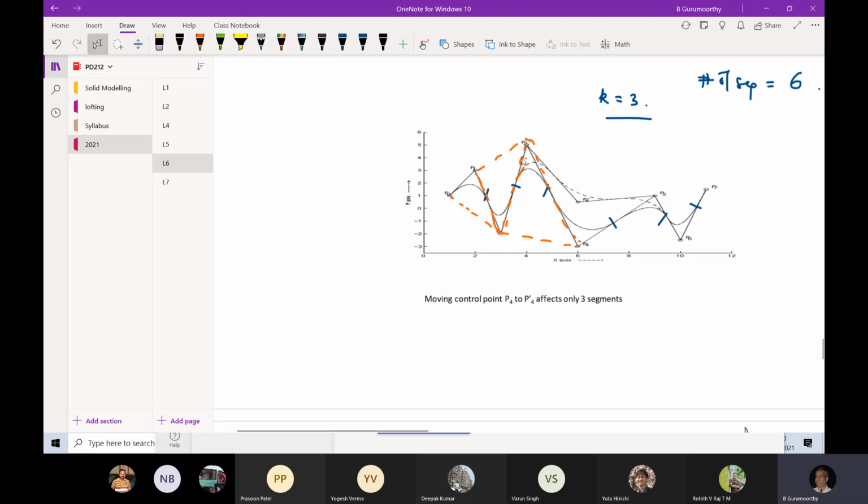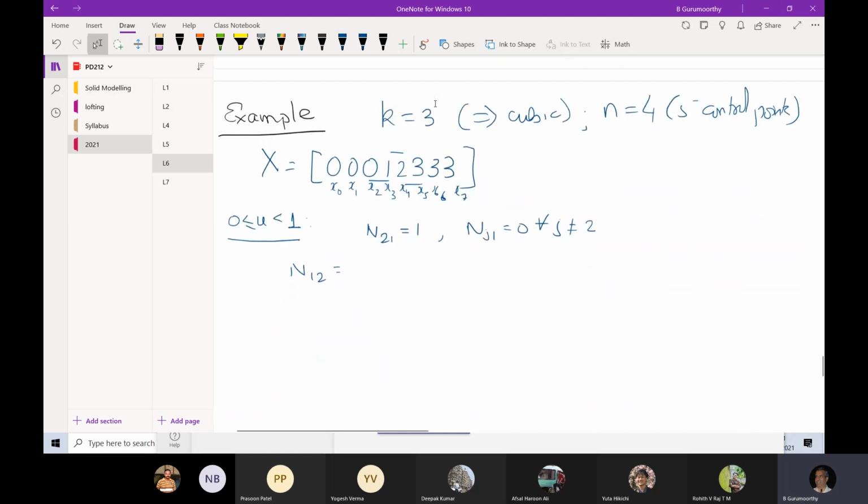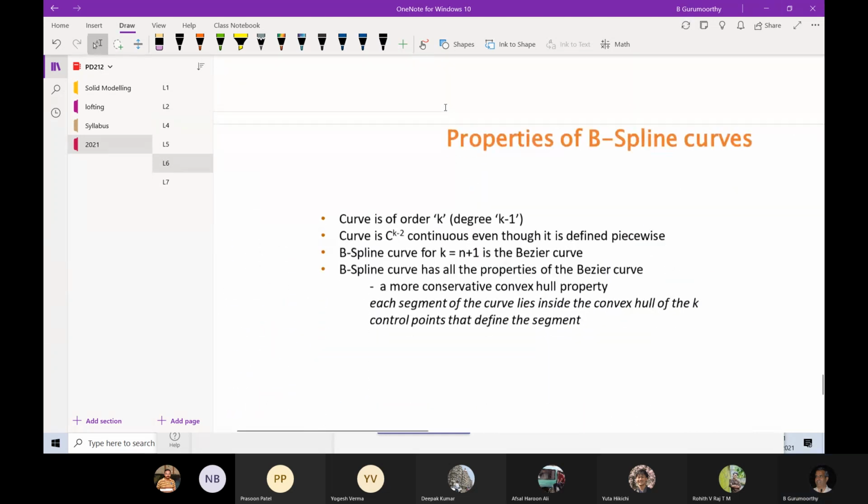And the fourth one is that, and that is satisfied again. And the fifth one is this, and that is satisfied. And the last one is that, and that is satisfied again. So that's very powerful, and a much tighter convex hull property than you had for the Bezier case.